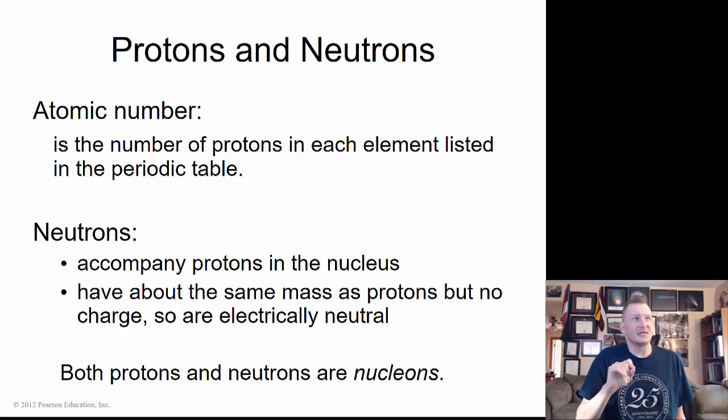And this is simply the number of protons in each element listed in the periodic table, which we'll show you here in a few minutes. The neutrons accompany the proton in the nucleus and have about the same mass as protons, but no charge. They are neutral neutrons. So both protons and neutrons are called nucleons.